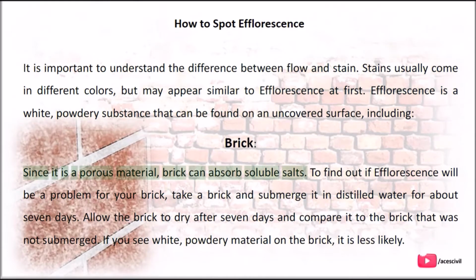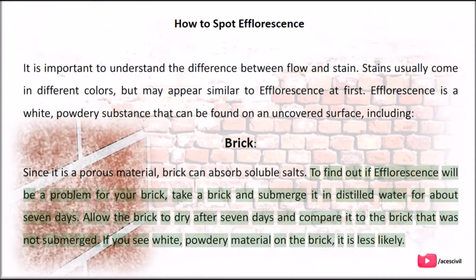Since it is a porous material, brick can absorb soluble salts. To find out if efflorescence will be a problem for your brick, take a brick and submerge it in distilled water for about 7 days. Allow the brick to dry after 7 days and compare it to the brick that was not submerged. If you see white, powdery material on the brick, it is likely.